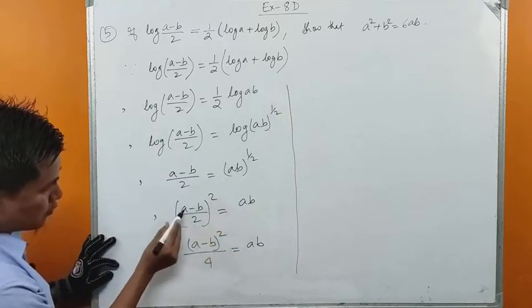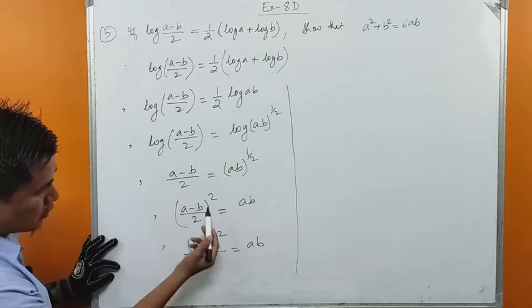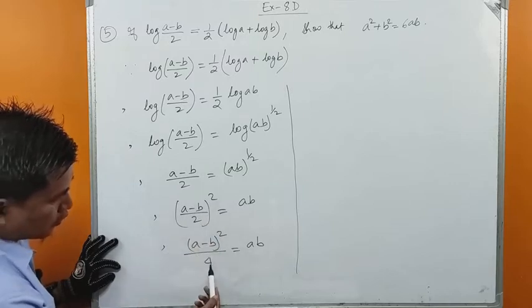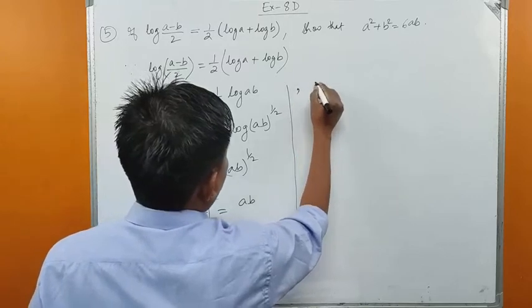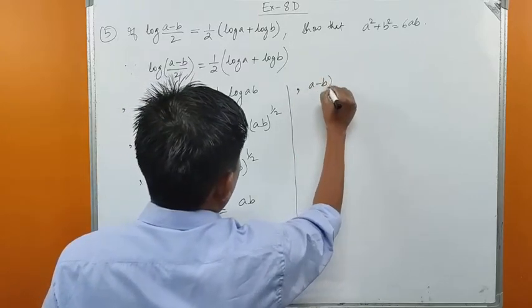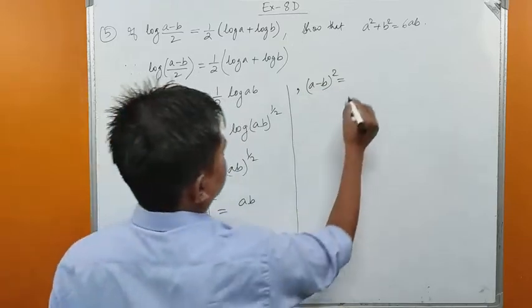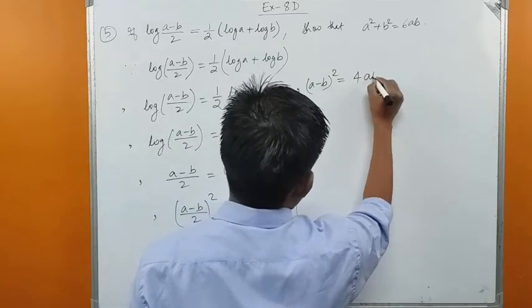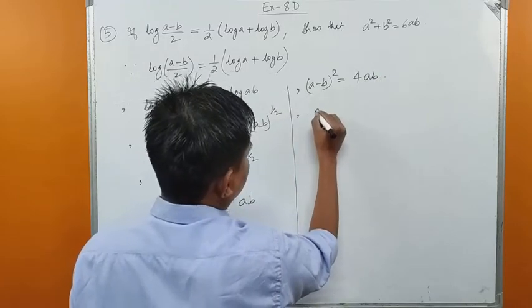This square is for both the numbers, numerator and denominator. Now we cross multiply. 4 into ab is 4ab, or (a minus b) whole square equals 4ab.